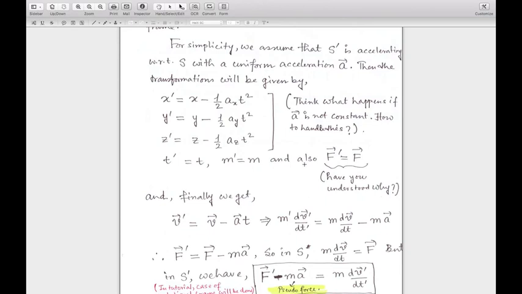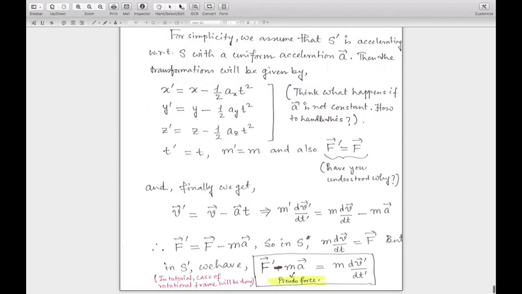Whenever I say that t is not affected by this change of the space coordinate translations, this is also giving you the essence of the absolute space and absolute time concept in the Newtonian framework. And again, we can say F prime is equal to F.